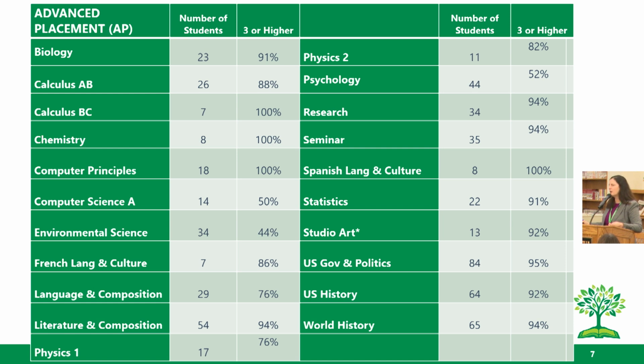I mean, to think about Calc BC having 7 students and that 100% of them got a 3, 4, and 5, that's a tall accomplishment, as well as something like looking at the psychology that doesn't have a prereq. And we have 44 courageous souls that wanted to take that class last year and take that AP exam.